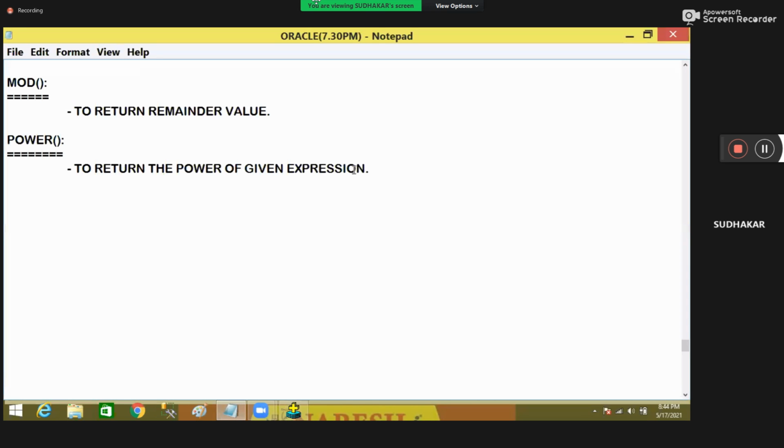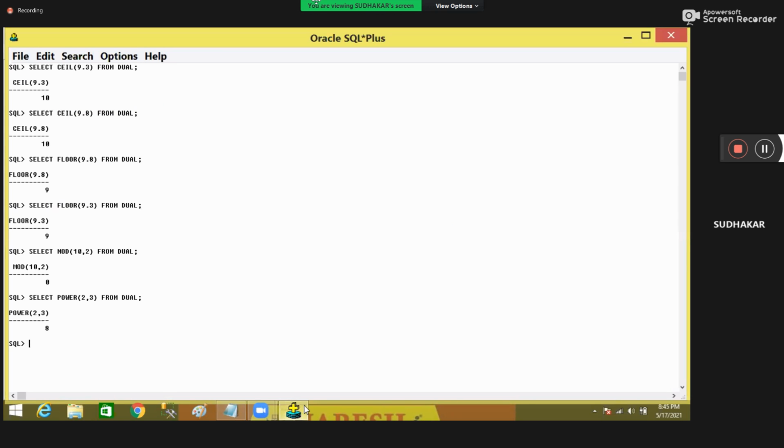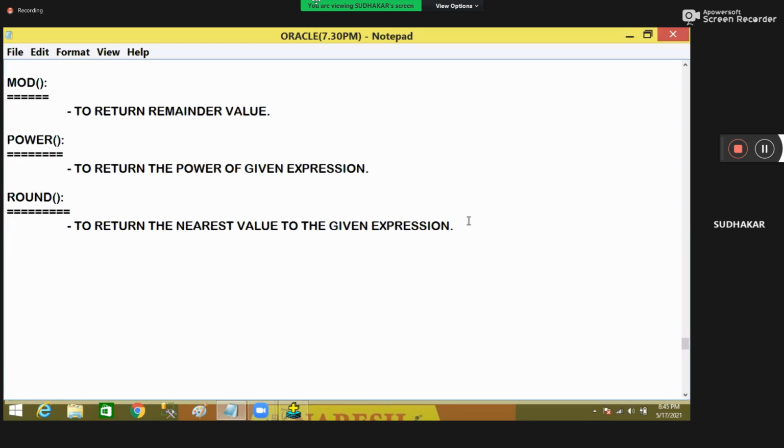The next function is called the round function. What will a round function do? It returns the nearest value to the given expression. So, for example, carefully observe the syntax here.